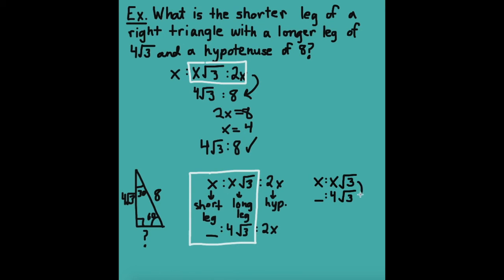If we set the longer leg ratios equal to each other, we get x root 3 equals 4 root 3. When you divide both sides by root 3, you get x equals 4. So we substitute x to x root 3 with x being 4 and get 4 to 4 root 3. Therefore, the shorter leg of this 30, 60, 90 triangle equals 4.